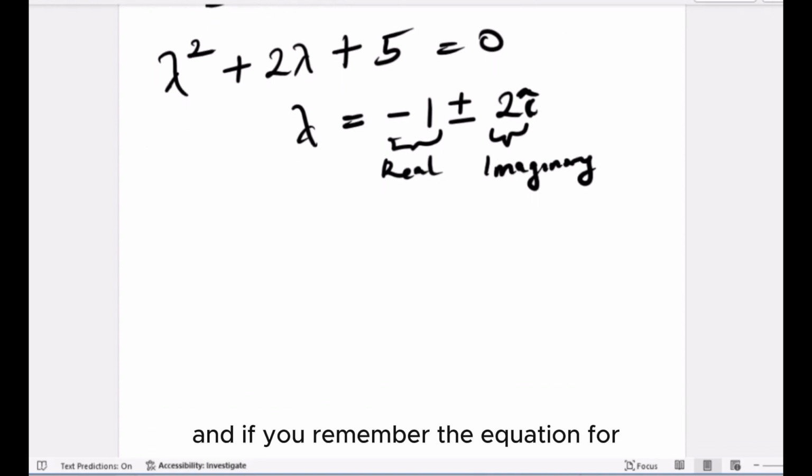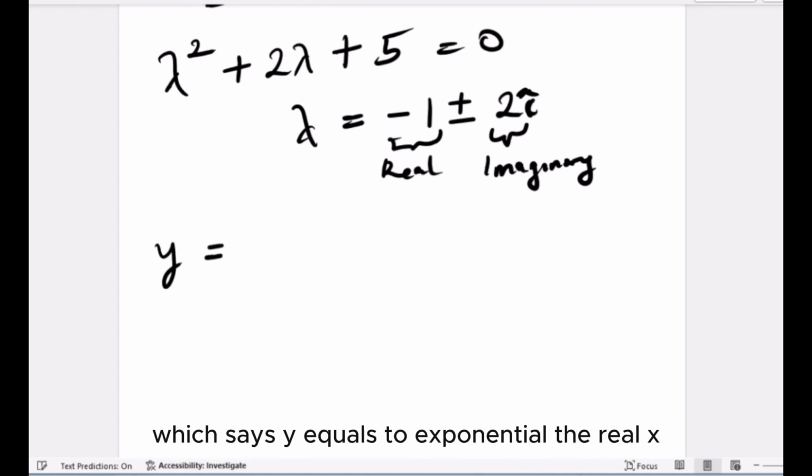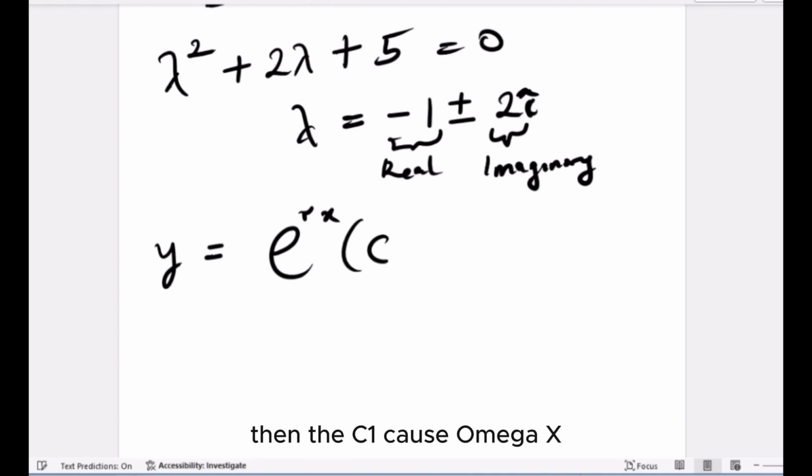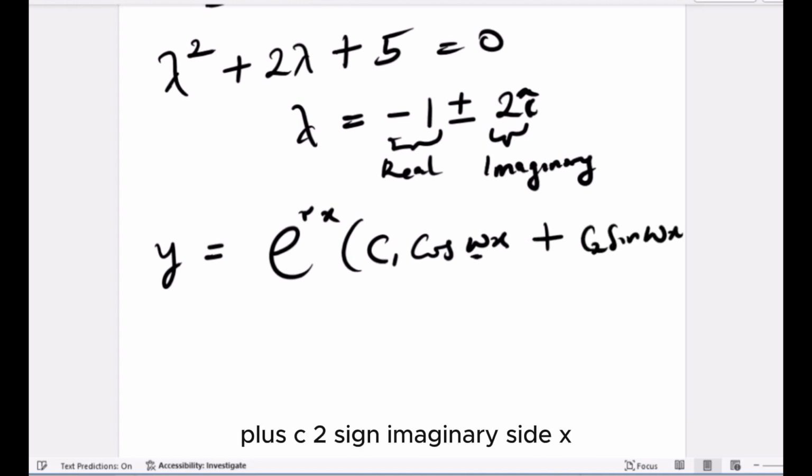If you remember the equation for the complex conjugate case, it says y equals exponential of the real part times x, then C1 cos omega x, where omega is the imaginary part, plus C2 sine omega x.